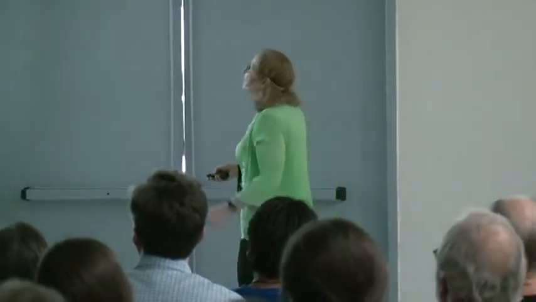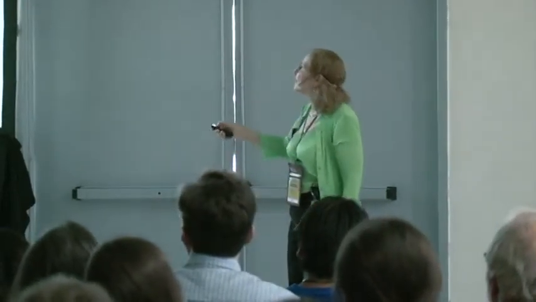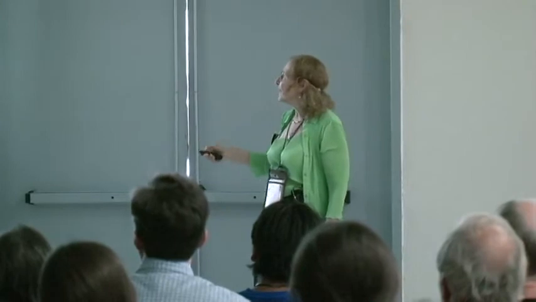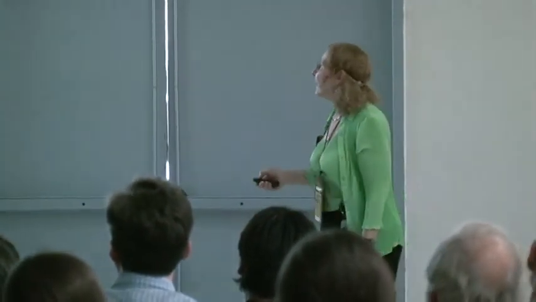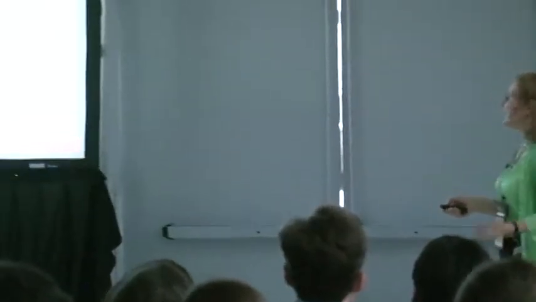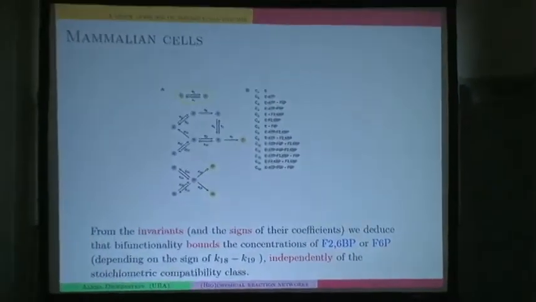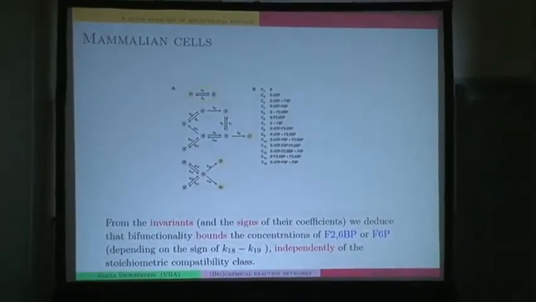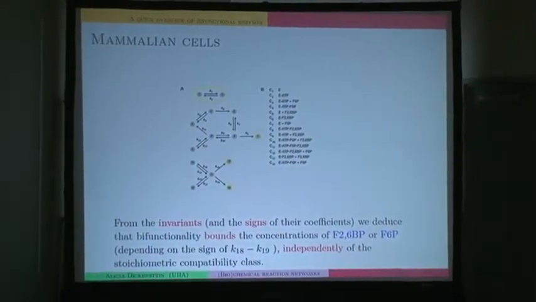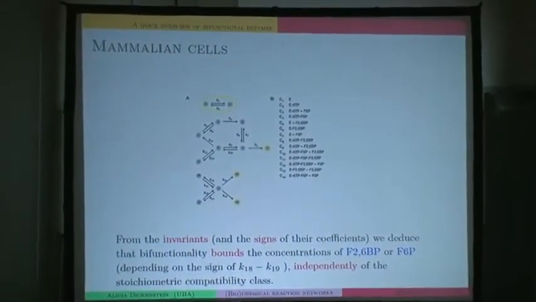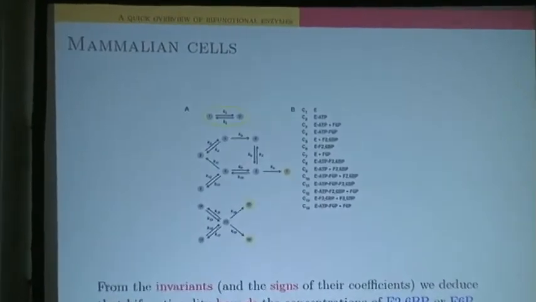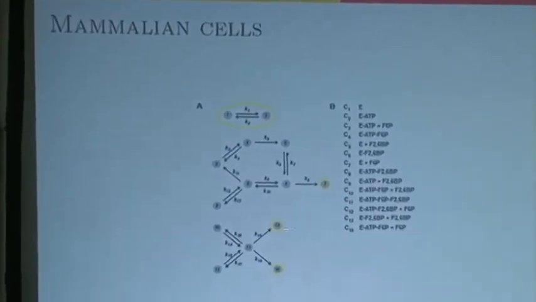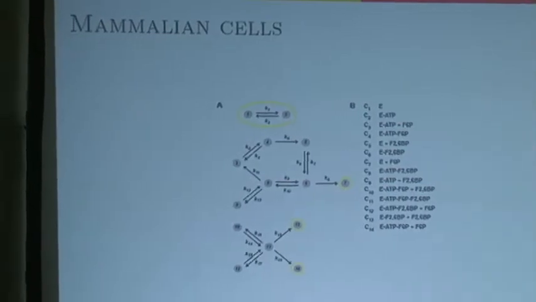And if you are even luckier, you see it in these terms with a dictionary or something like this. In this case, we wrote down the equations, we found invariants, and it happened that this bifunctionality was an example, modeling something happening in mammalian cells, where two proteins, either one or the other, was bounded independently, with a robust bound, depending on the sign of the difference of two of the rate constants.